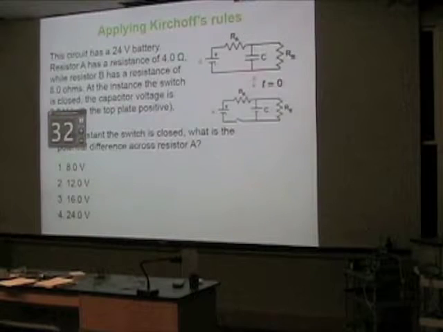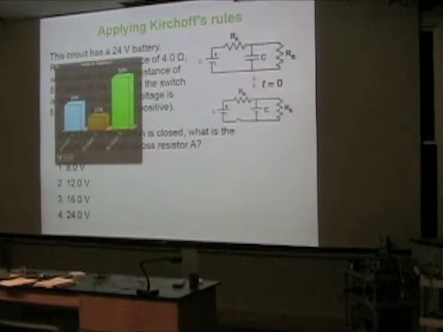So, what do you think is the voltage across the resistor? So, 8, 16, 12, 24. Well, 8 and 16 are kind of more natural than 12 and 24, right? What do you think?